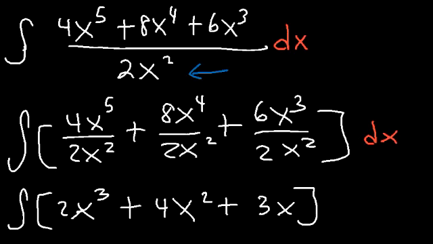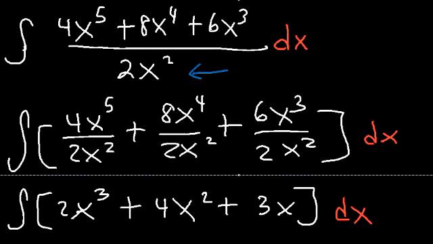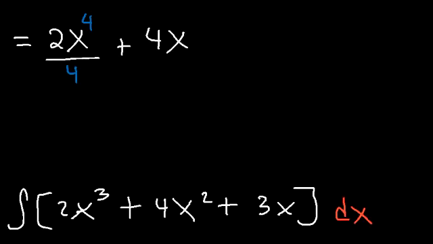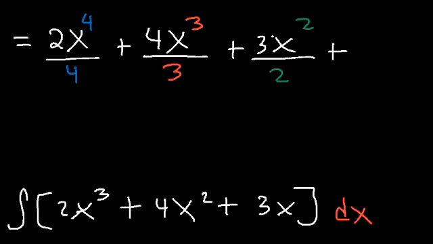So now at this point, we can find the antiderivative. So this is going to be 2x to the 4th power divided by 4 plus 4x to the 3rd power divided by 3 plus 3x to the 2nd power divided by 2 plus c.